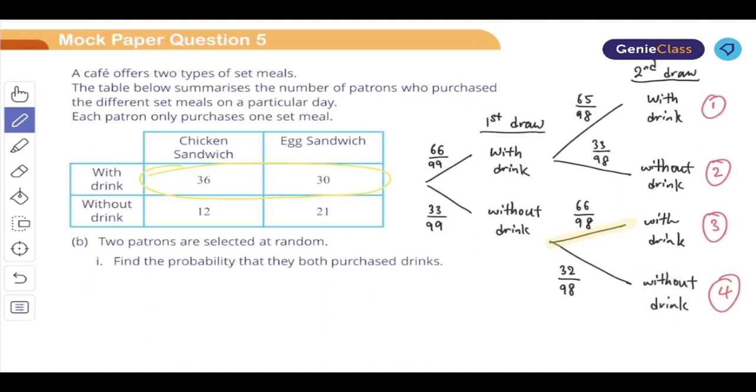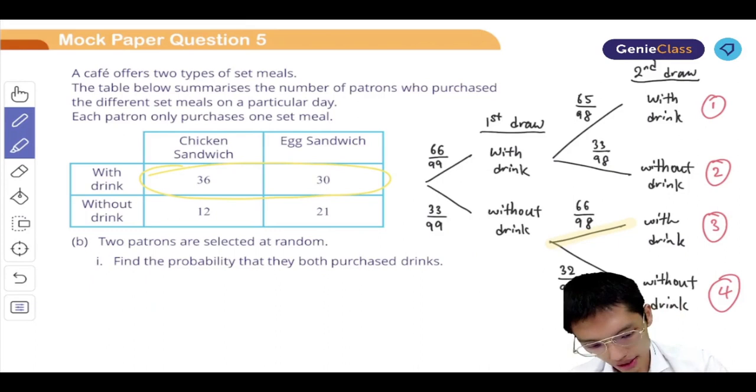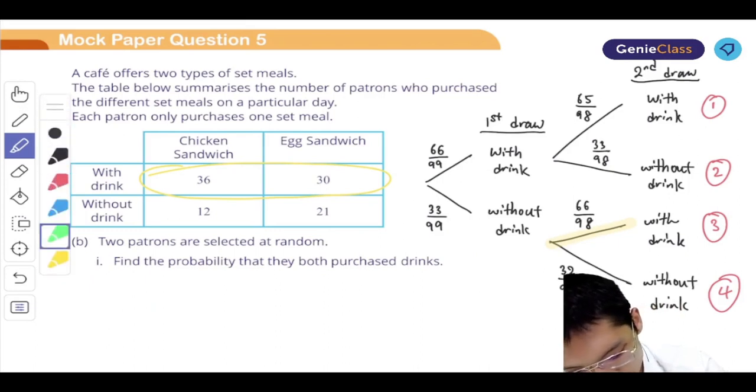I will appear again, don't worry guys. Which branch? 1, 2, 3, or 4? Very good, Elizabeth. Anybody else wants to try? In fact, it is actually correct. It's the first branch because both purchase drinks.